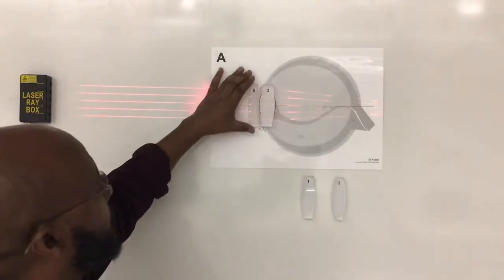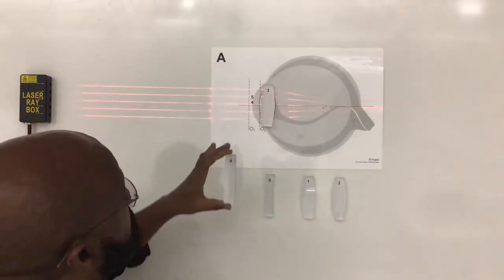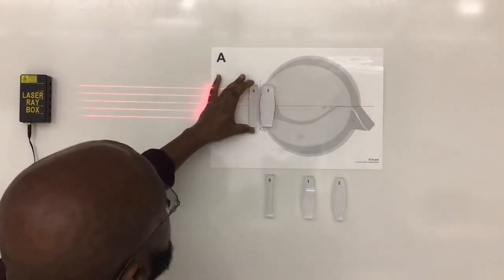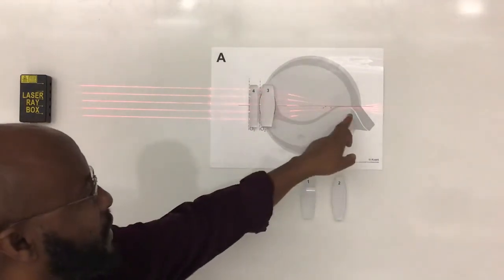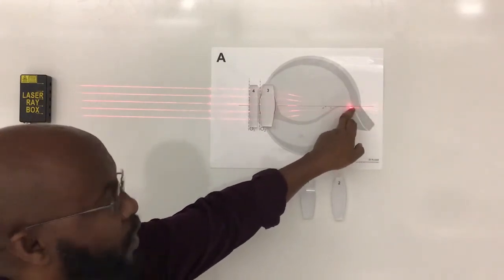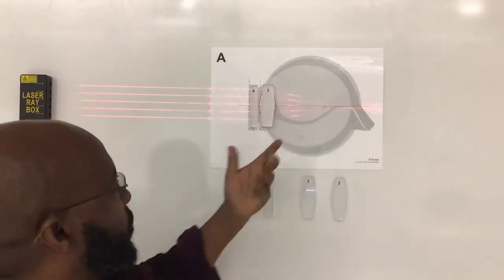So let's try the converging lens. If I put that in here, you can see that now the focal point moved to the retina. Let me show you this in the dark room.